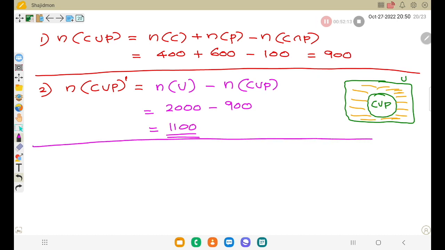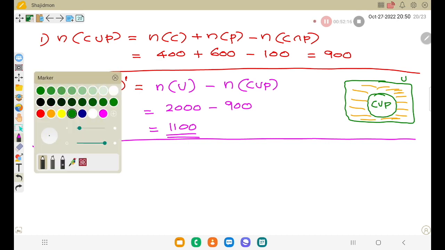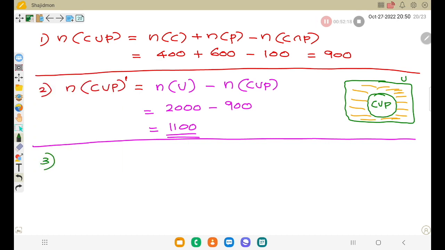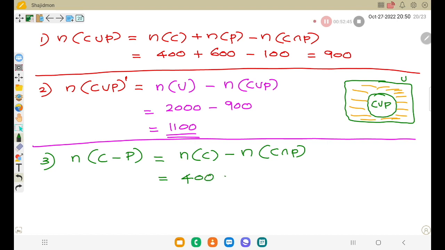Now let me go to the third part: the number of students in chemistry only, but not in physics, the number of C minus P. For differences we also studied one rule, which all of you remember from section 3.1: the number of C minus P means the number of C minus the number of C intersection P. The number of chemistry students given in the question is 400, minus the number of both chemistry and physics, which is 100.